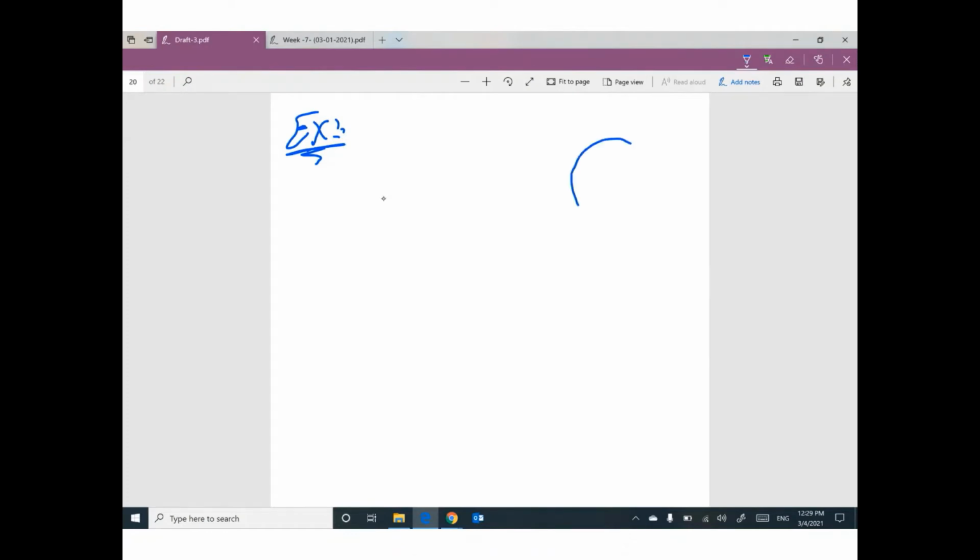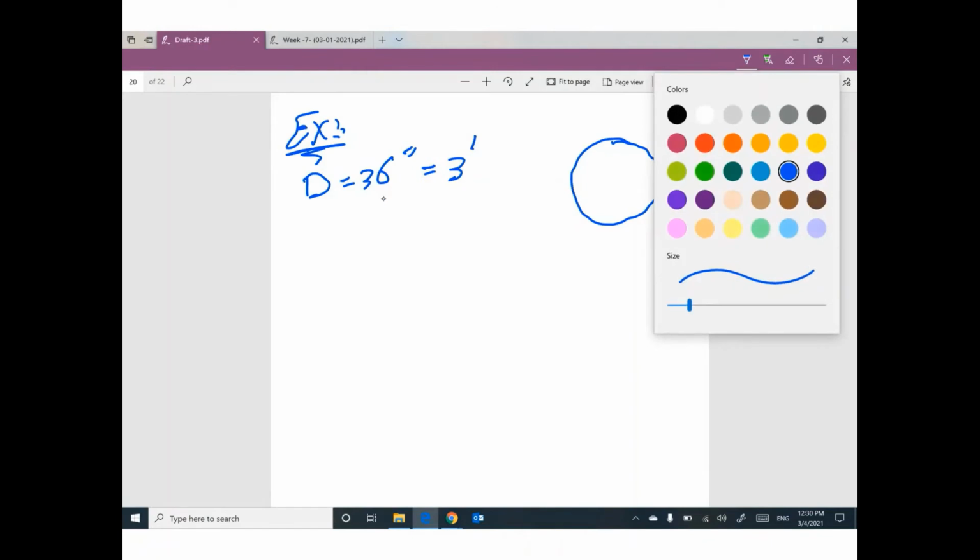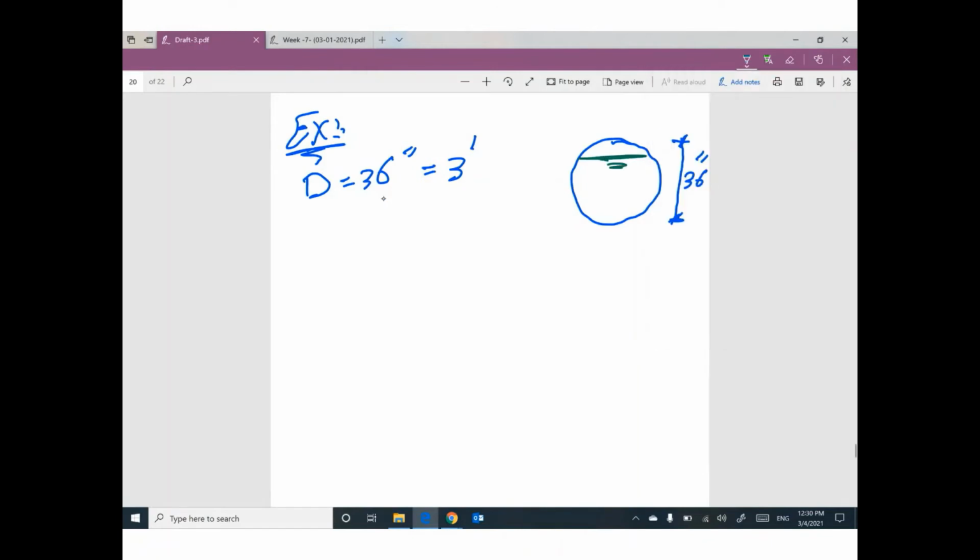We have a pipe with a diameter equal 36 inch, which equals 3 feet. The water depth inside this pipe is 30 inch.